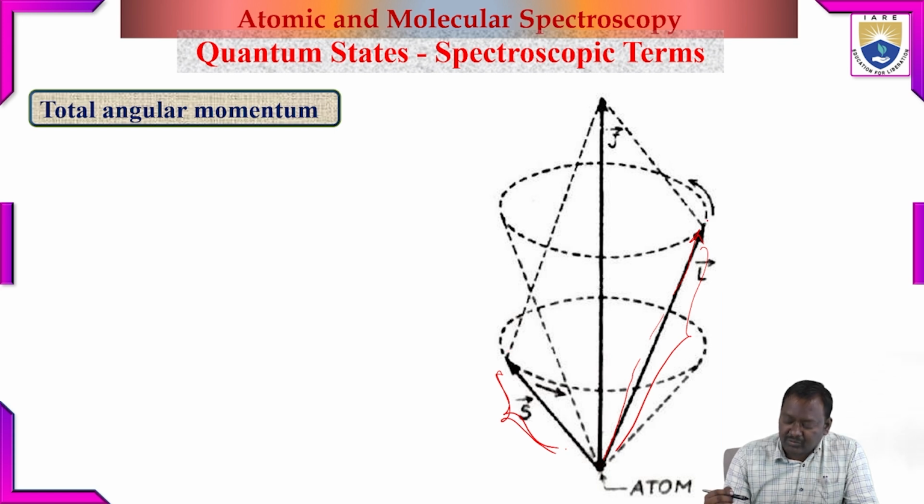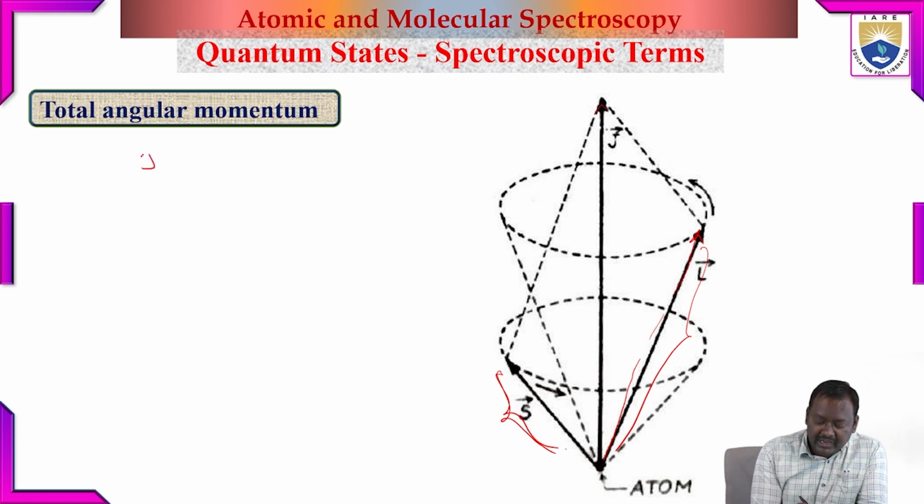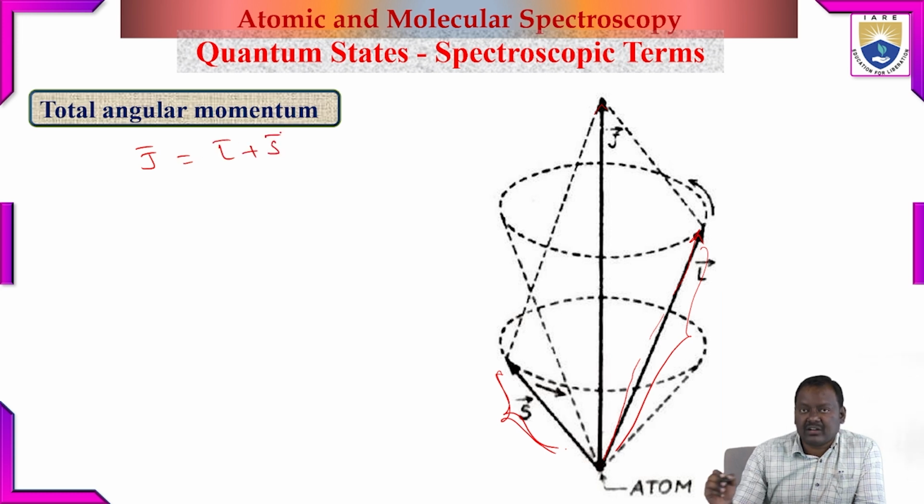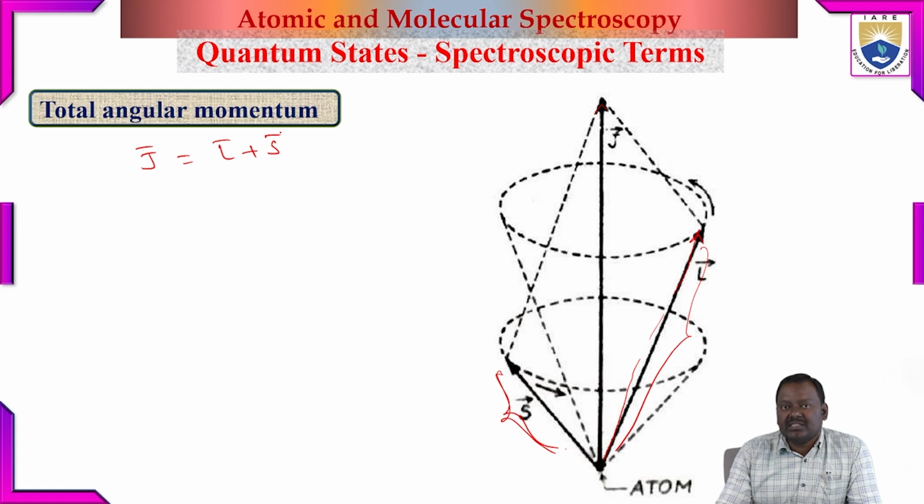Adding these two vectors, you get a different vector, j bar, called the total angular momentum vector. It is given by j bar equal to L bar plus S bar.